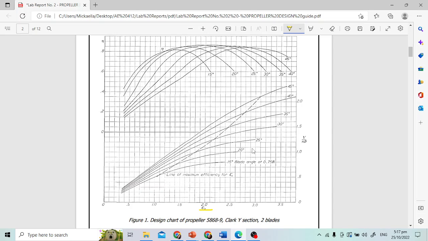Then, pag tumama siya sa broken line na ito, as you can see, yung line of maximum efficiency for C sub S, using CAD, get nyo yung value kung saan siya tatama. Let's say, tumama around dito. So, isang angle siya mag-fall under. So, 25 to 30. You can use CAD to get the values accurately for the angle.